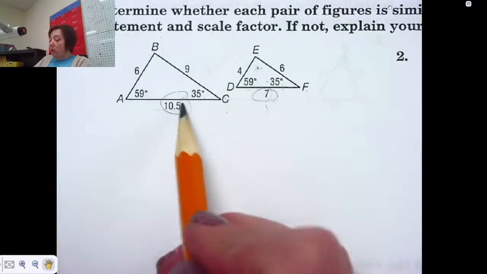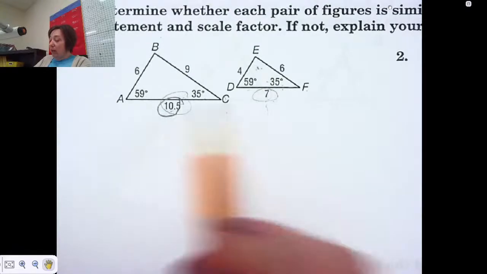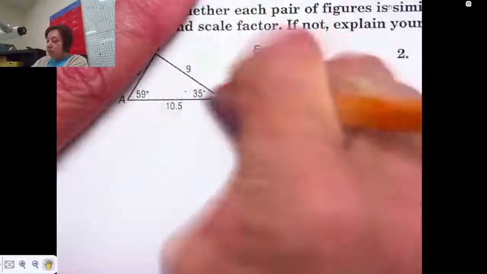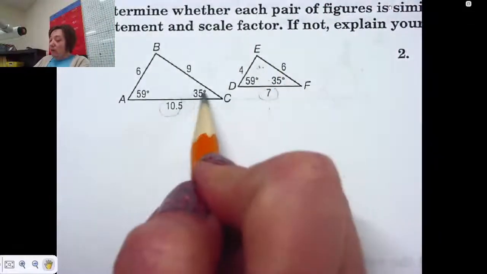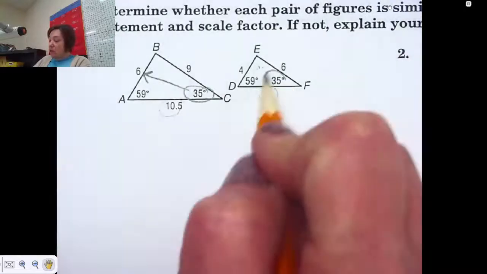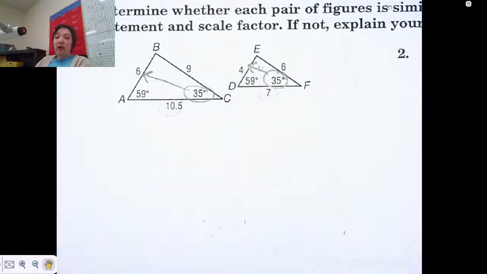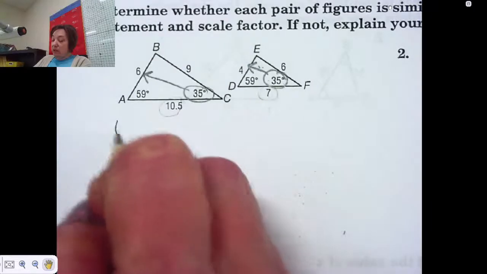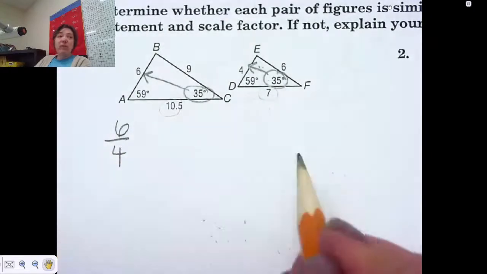So we would compare this 10.5 to this. Actually, let's back up and not do 10.5 first. So we would compare the side that's across from the 35-degree angle, that's 6, to the side that's across from the 35-degree angle, that's 4. So we would do 6 divided by 4, and then simplify that number.